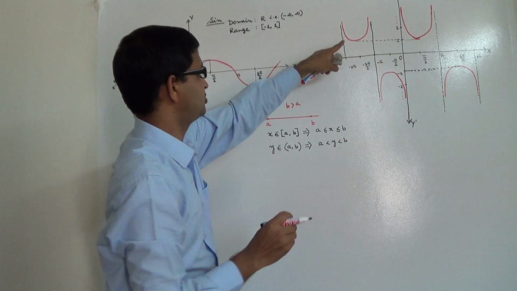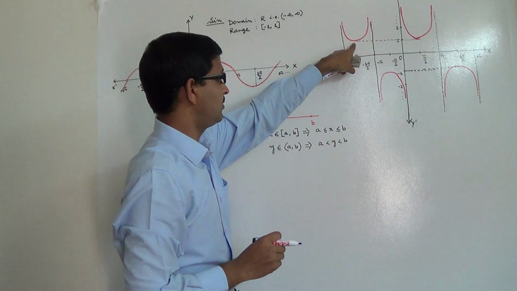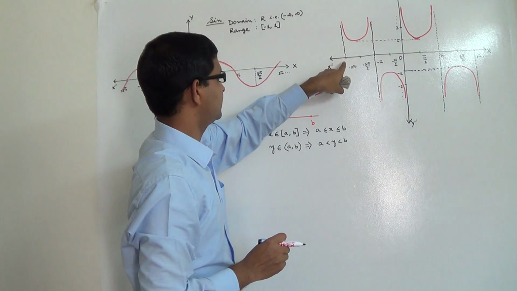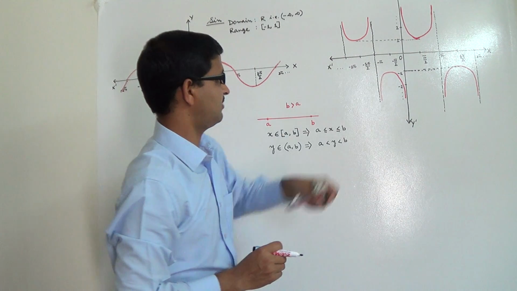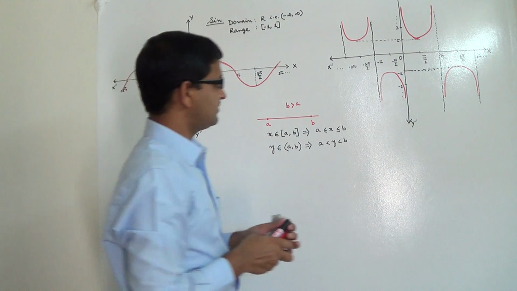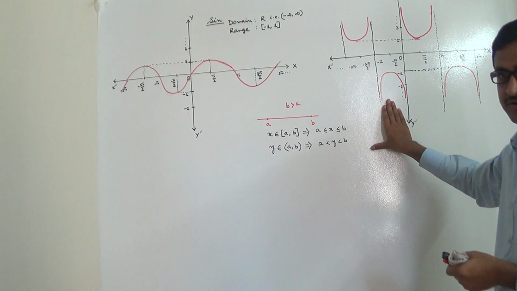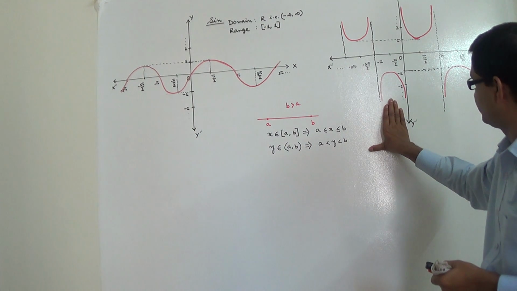Again, it will never touch what I draw in red color. It cannot touch -2 pi or -pi. So this is the representation of cosec x. Correct.